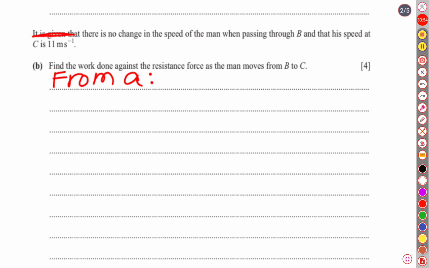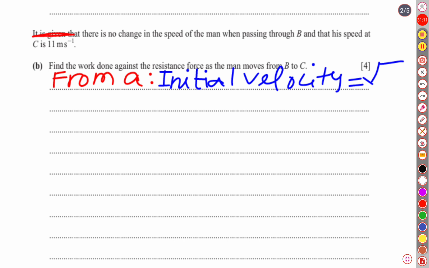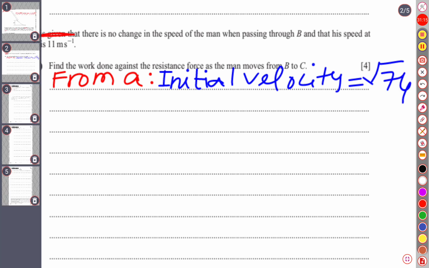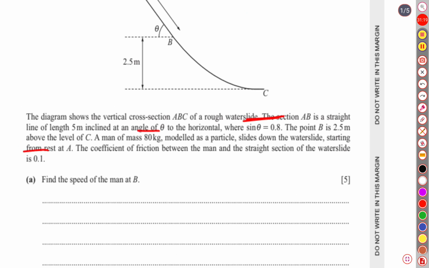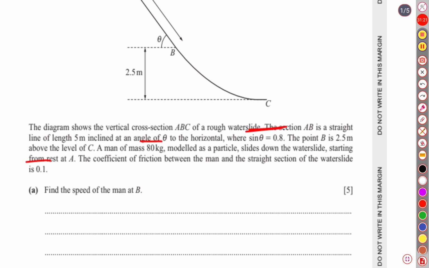Let us write initial velocity. Initial velocity was square root over 74, and the height, the final or initial height, look at this, the height we are talking about is the lower part of the slide, this portion.